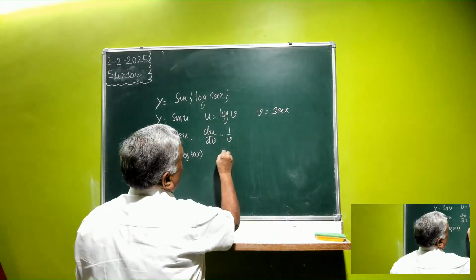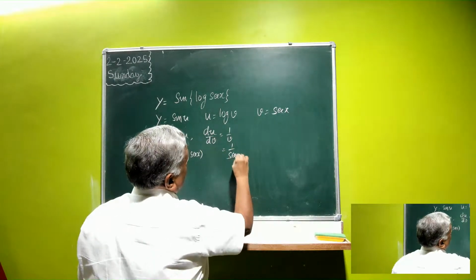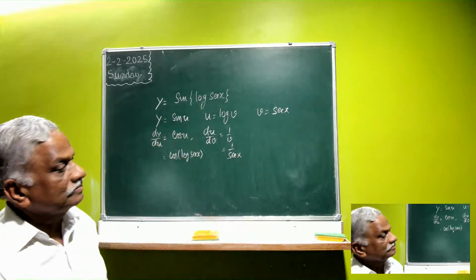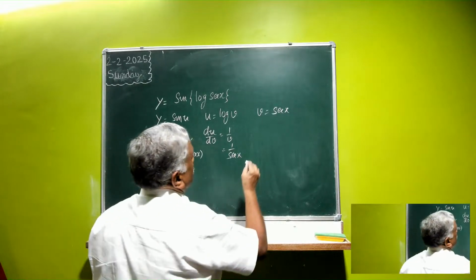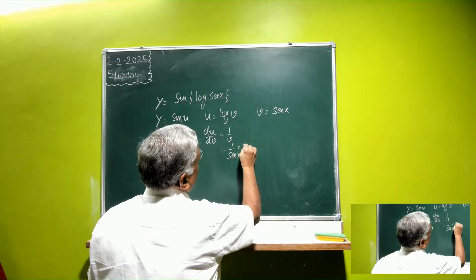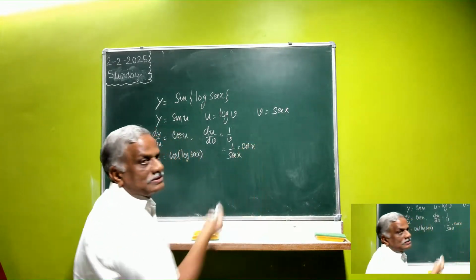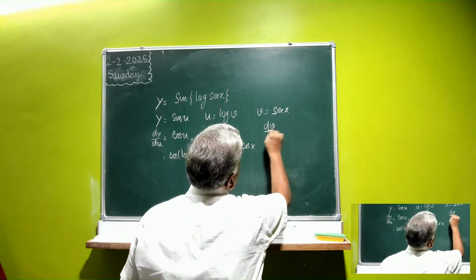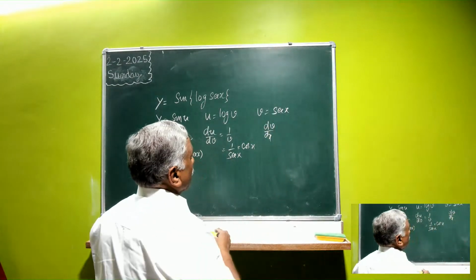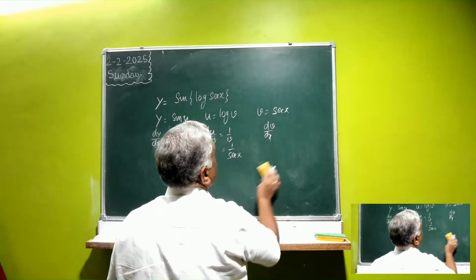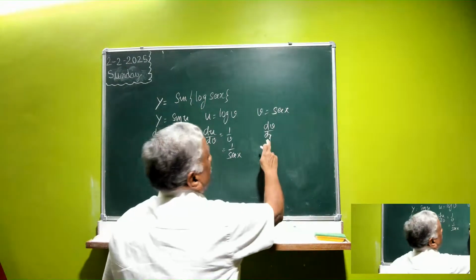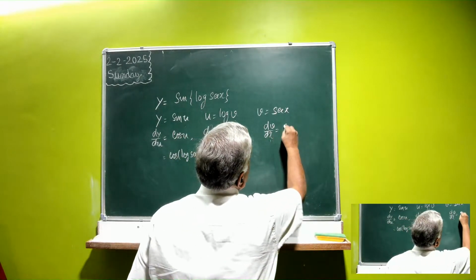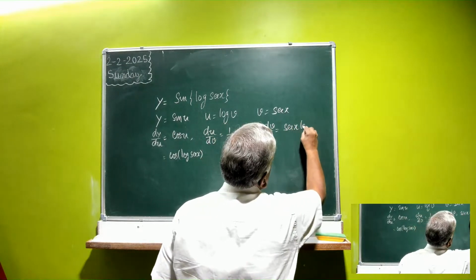So what is this? 1 over secant x. If you want, you can write this as cos x also. The 1 over secant x is cos x. Find dv by dx. Or better you keep it as secant x itself because it will help us for simplification. dv by dx is secant x into tan x.